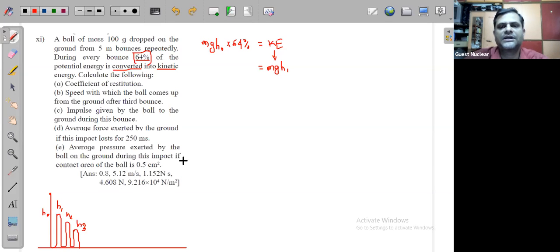So we can just get that 64% of mg h naught is equal to mg h1. That means 64 upon 100 into mg h naught is going to be equal to mg h1.